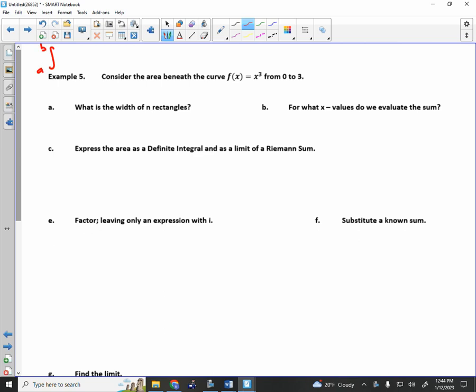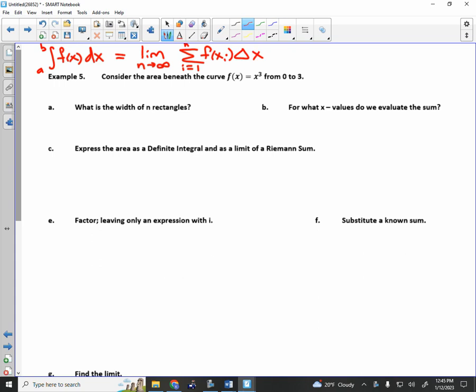The integral from a to b of f of x dx is equal to the limit as n goes to infinity of what? The sum, good, from i equals 1 to what? n of f of x sub i times delta x.